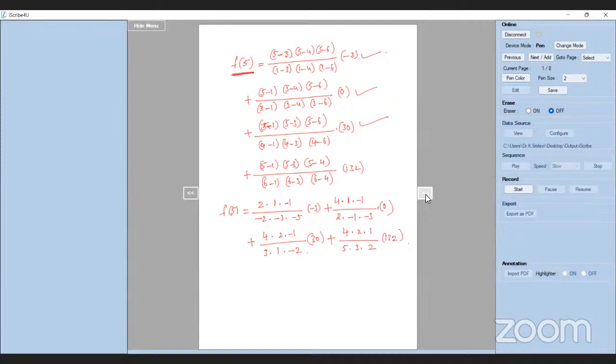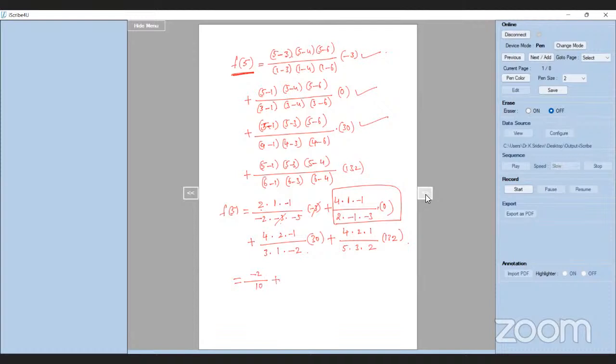Now you can observe that the second term becomes 0. Now the minus 3 will get cancelled. The remaining one is minus 2 divided by minus, into minus, plus 5 into 2, 10.